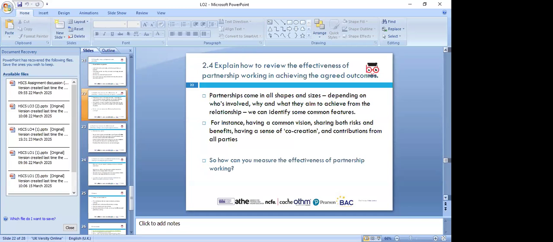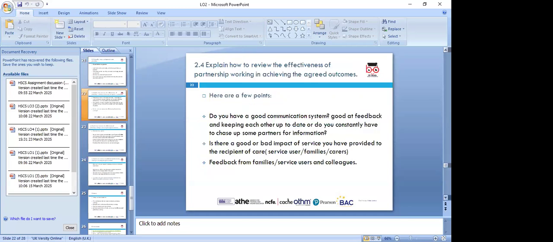Okay, very important. So how can you measure the effectiveness of partnership working? Okay, here are some few points. In partnership working, you are able to ensure, you need to look into the plus and minuses.